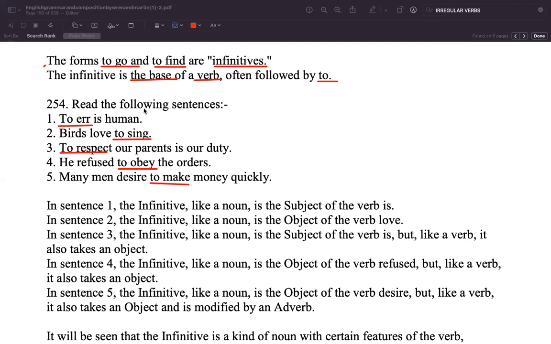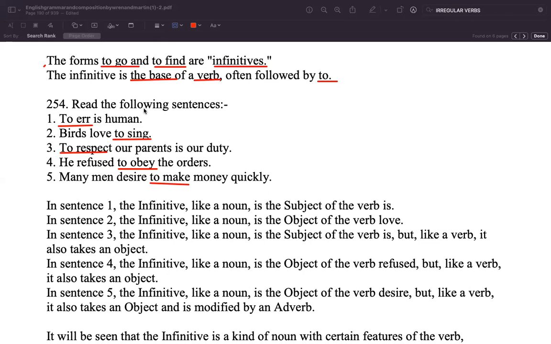Yes, one by one. What is the meaning of error? We say no error. Error means mistake. Yes, sir. So here it is stated, to error is human. Sai, here in to error is human, to error is what kind of part?